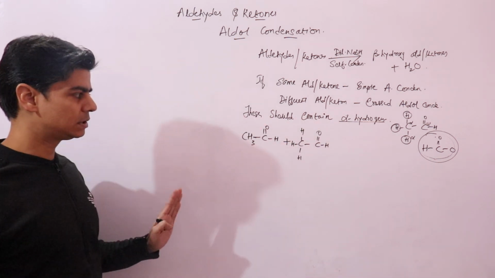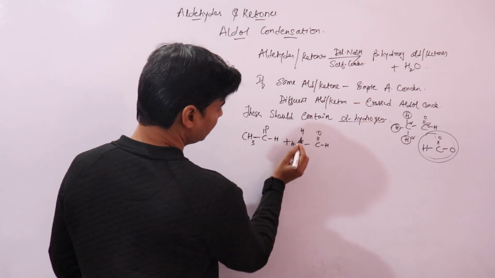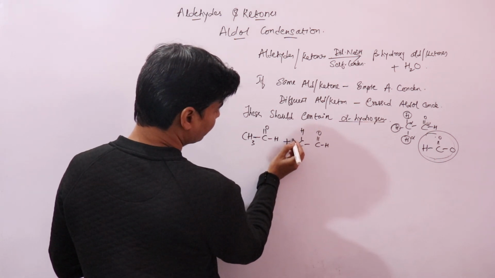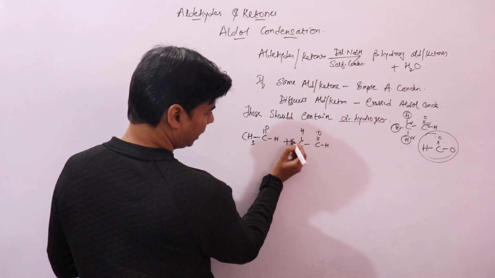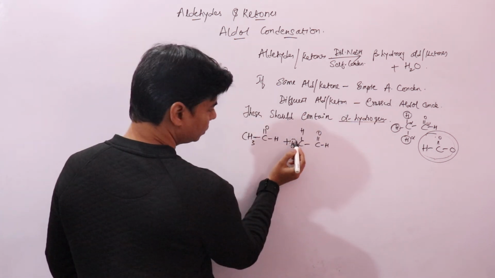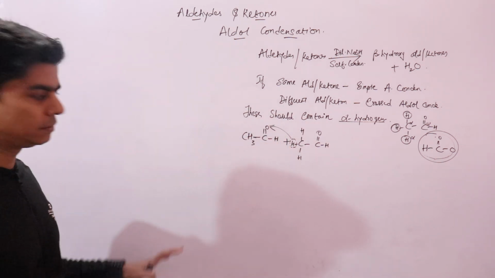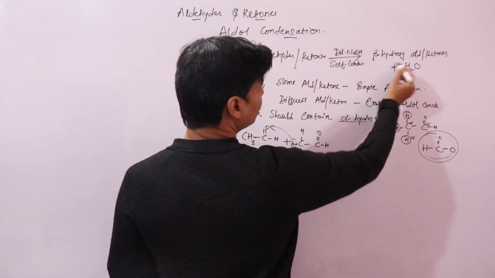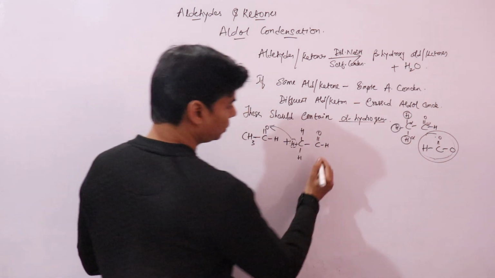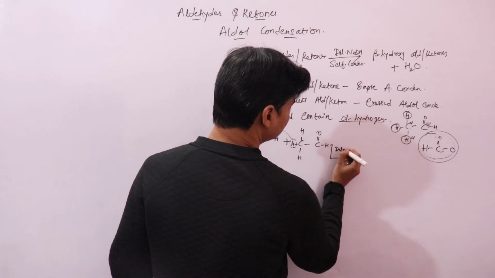Since this is a condensation reaction between two aldehyde molecules, this alpha hydrogen, like I said, the aldehyde should contain alpha hydrogen, will go and join this oxygen. And the product should be beta hydroxyaldehyde or ketone. Now why we call it a beta hydroxyaldehyde or a ketone, we'll see that.